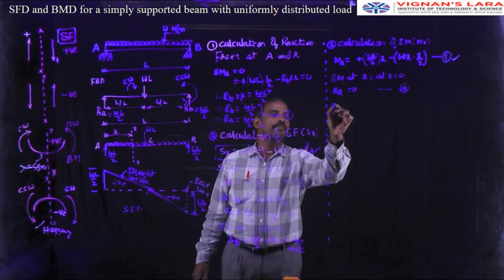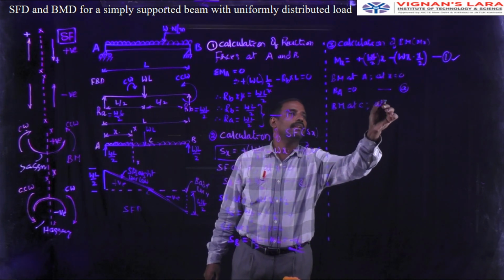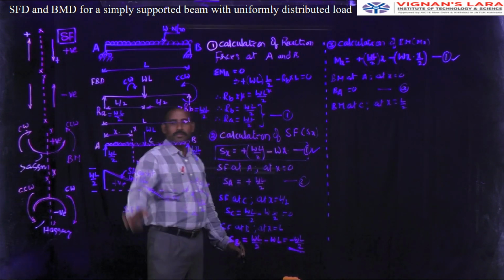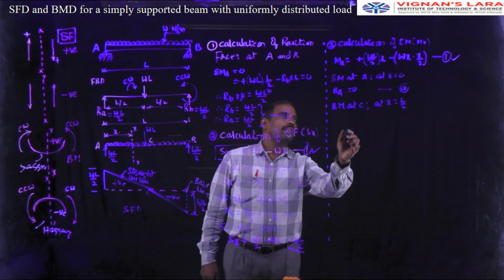So this is A. Then the bending moment at C. It means at x is equal to L by 2. Am I right? So simply substitute in equation number 1.